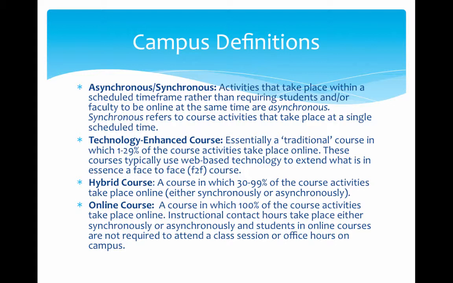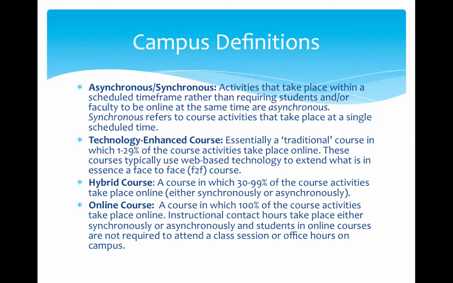A hybrid course is a course in which 30 to 99% of the course activities take place online, either synchronously or asynchronously. There are currently a limited number of hybrid courses offered in the Gender Studies program. These courses include some scheduled face-to-face class meetings, as often as once a week, supplemented by significant course activities occurring online.